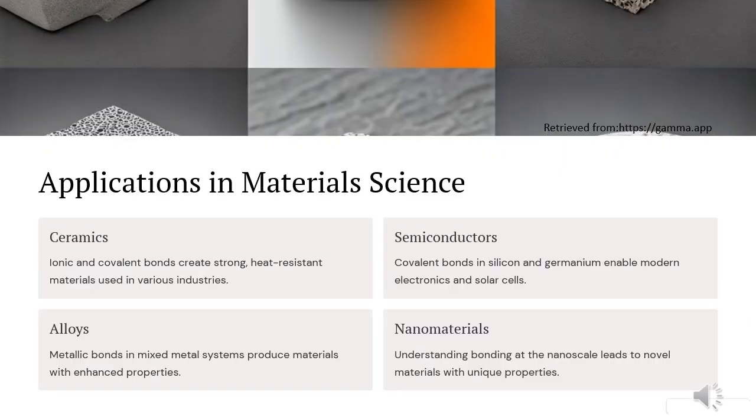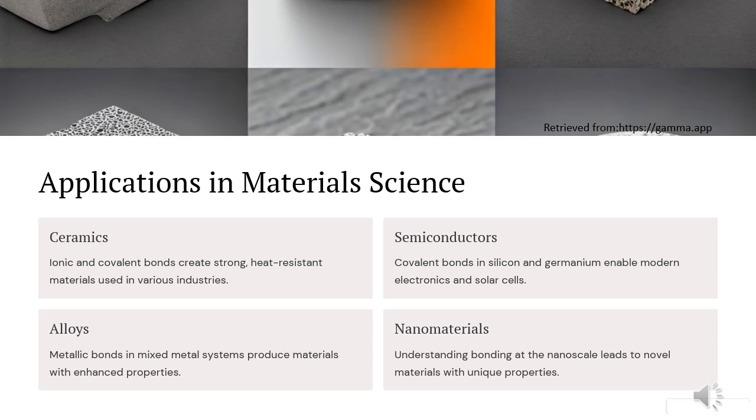Applications in material science. Ceramics. Ionic and covalent bonds create strong heat-resistant materials used in various industries. Alloys. Metallic bonds in mixed metal systems produce materials with enhanced properties. Semiconductors.